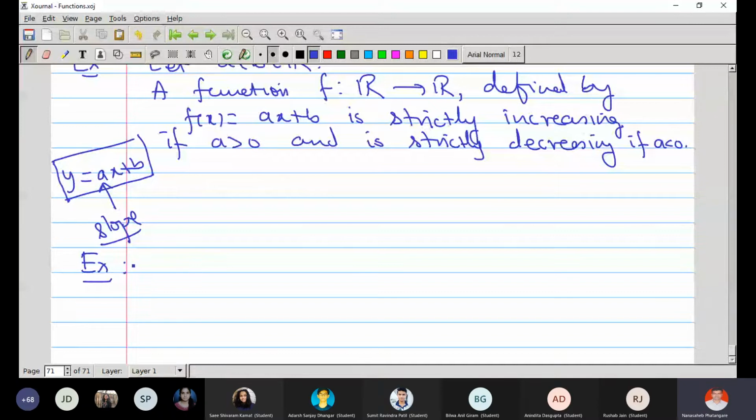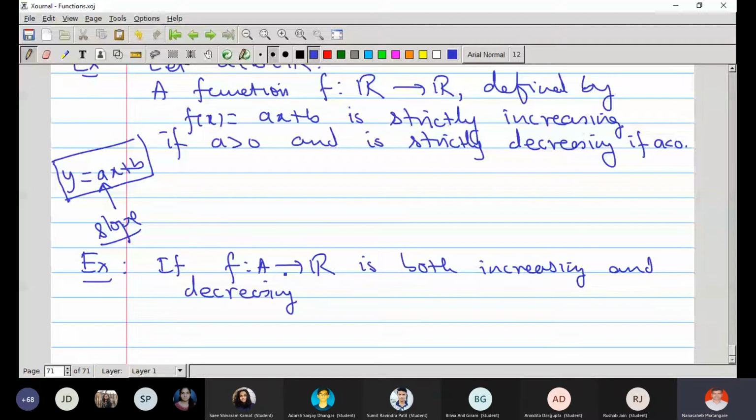So if a function f from A to R is both increasing and decreasing, then what can you say about such a function? Which function is both increasing and decreasing?